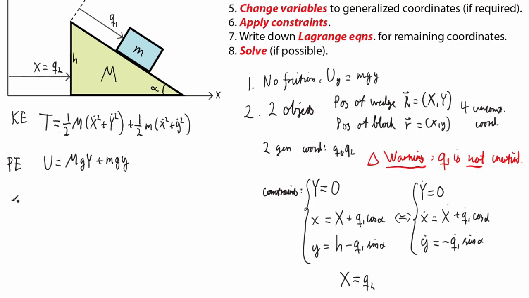So let's start with the kinetic energy. 1/2 m times Q2 dot squared plus 0 squared, because capital Y dot is 0. And then we have to put in the square of this, remembering that x dot is the same thing as Q2 dot.